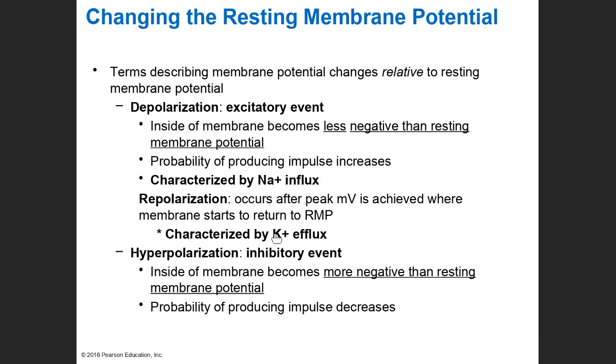As we're repolarizing, the voltage-gated potassium channels close very slowly, so we dip a little bit lower than negative 70 for a very brief period of time until they close. Once they close, we no longer see potassium leaving the cell through those channels, and this helps bring us back up from negative 90 to the normal negative 70.